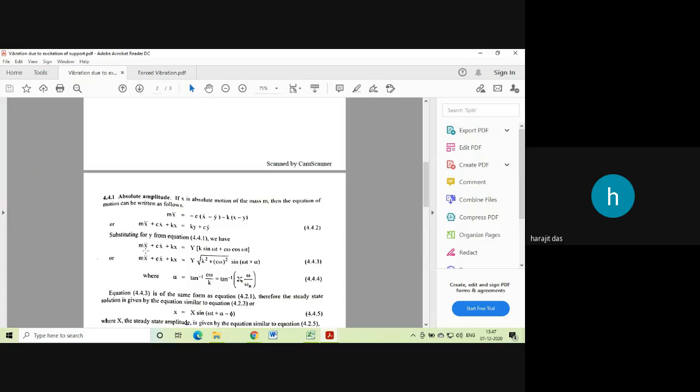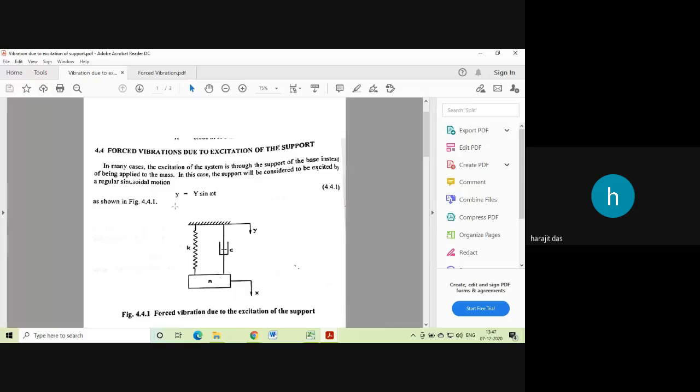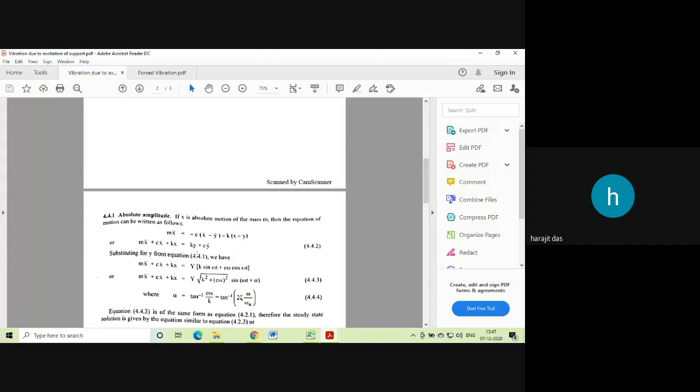We keep the left terms the same, and instead of y we write Y sine omega t, so you can write it down. If you make Y common, this will be k sine omega t plus c·y dot.